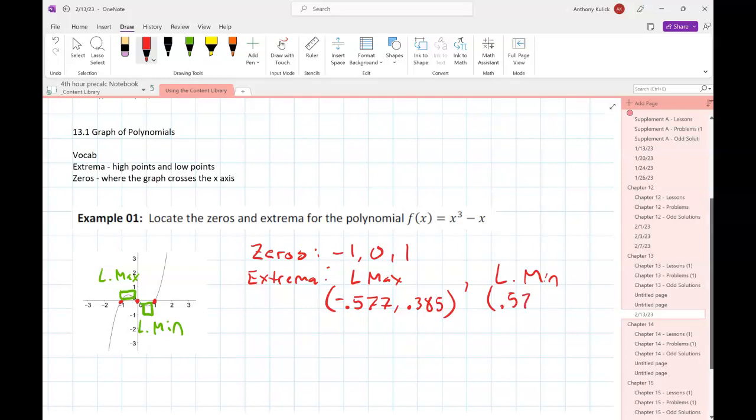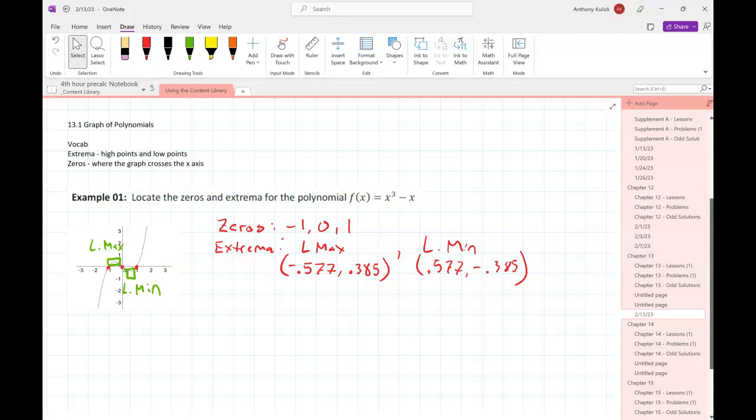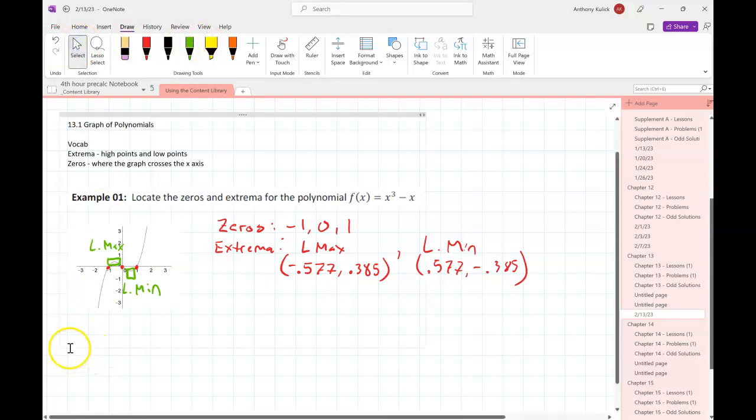And then I'd get 0.577, -0.385. Everybody okay with that? We've used that command a bunch of times first semester already with the calculator, right? So hopefully you remember using that, and probably last year in Algebra 2 class as well.